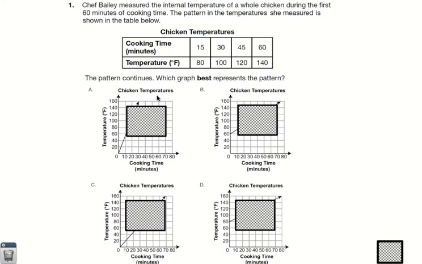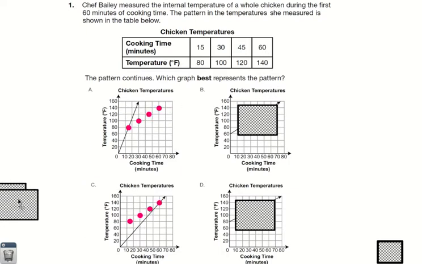So which graph matches this table? If we were to graph this table, wouldn't we just graph all of these pairs as points? So cooking time is X, as it should be. So 15, 80, 30, 100, 45, 120, and 60, 140.